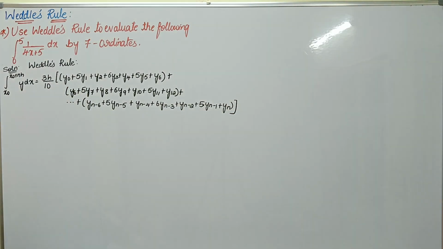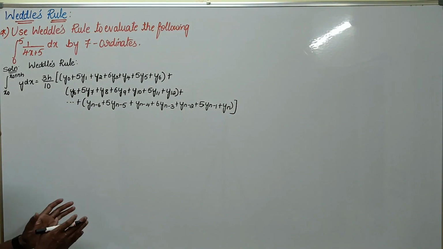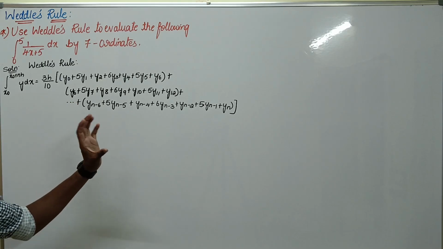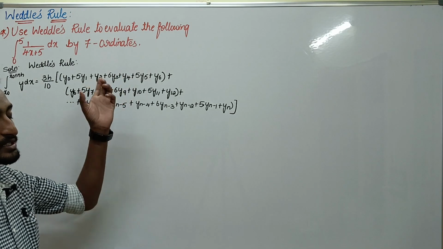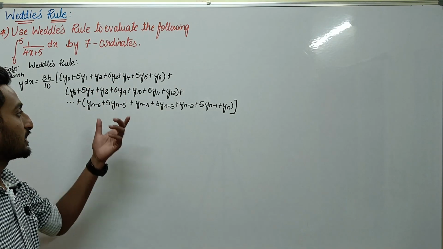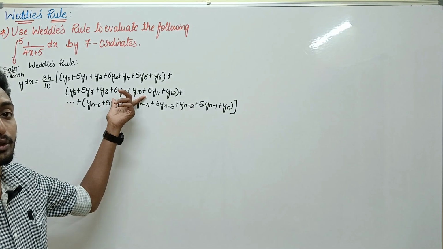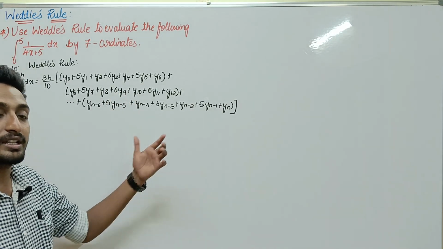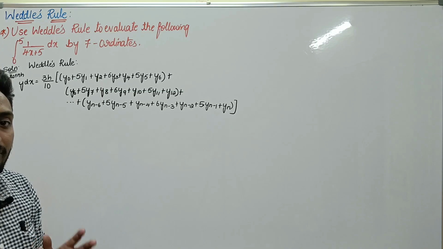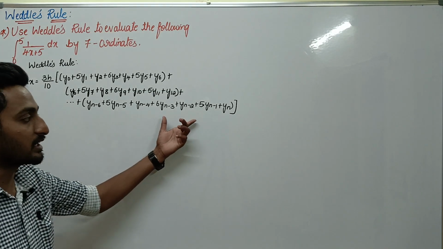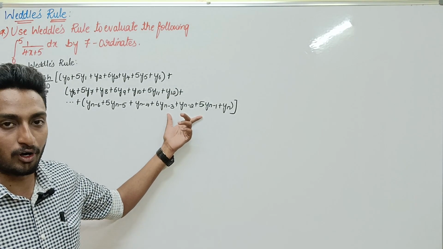This is the standard representation of the Weddle's rule, where the first term represents till the 6 interval, the second term represents 12 intervals, and it goes on up to n set of intervals. Corresponding to how many they have given, you can represent the Weddle's rule formula.